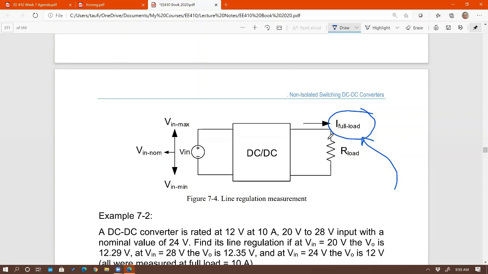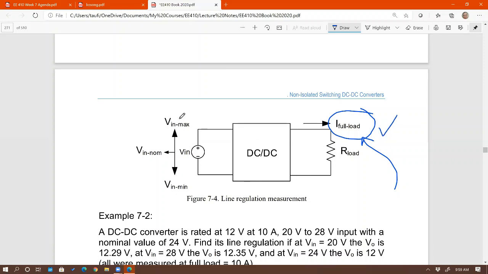So it's easy to set that electronic load to the full rated value, by just pressing the button or turning the knob. Let's say this is 20 amps, so you just keep the load at 20 amps using the electronic load. So make sure you maintain this.